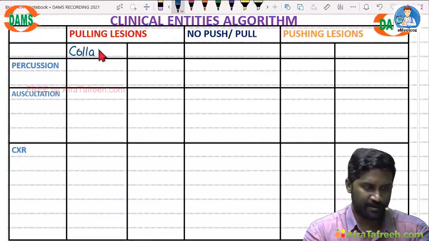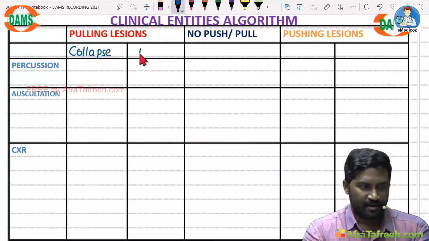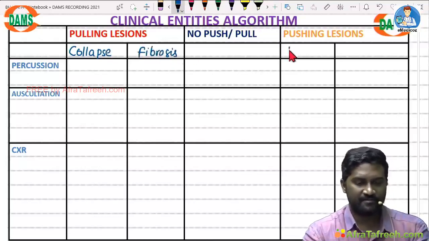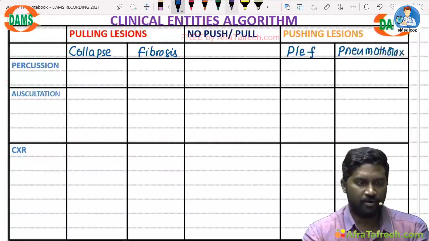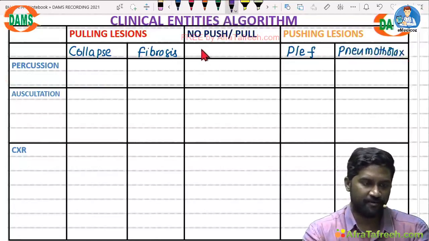There is collapse and the other is fibrosis. Pushing lesions we have pleural effusion, PLEF, pneumothorax. No significant pull or push of the mediastinum, what we have here is consolidation.